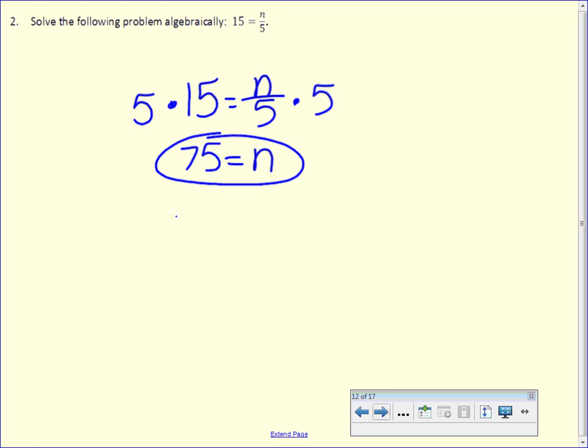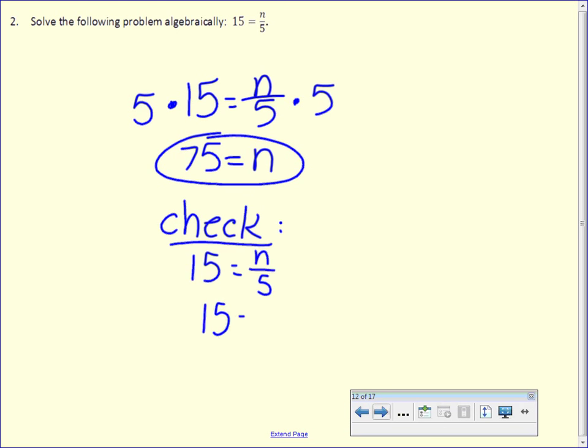Now I have to check it. So 15 equals n divided by 5. Wherever I see n, I'm going to replace it with 75. I don't want to do that mentally. I might want to come over to the margin and check that.